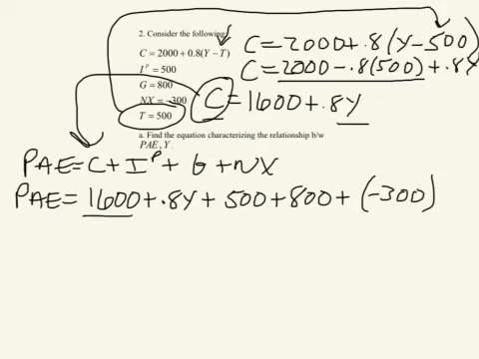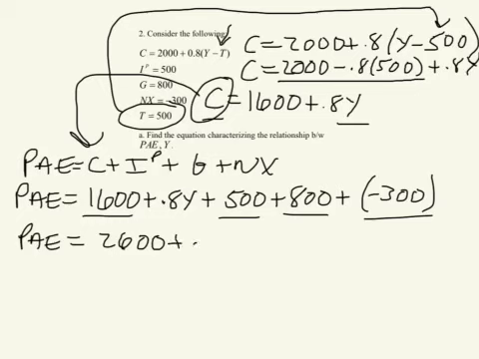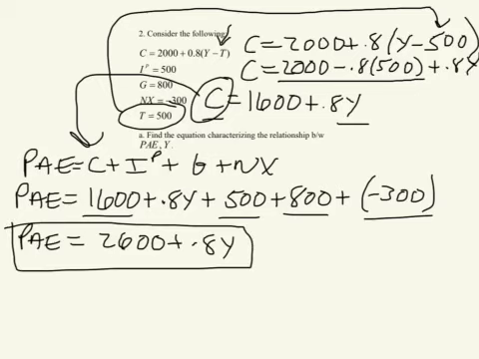And again, I want to combine everything that's autonomous in one pile. So planned aggregate expenditures is equal to 1,600 plus 500 plus 800 minus 300, which is 2,600, plus 0.8y. That's your equation for total spending.